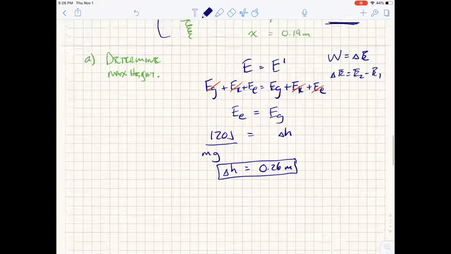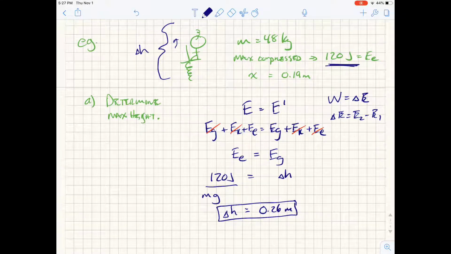We can also set up a situation to calculate the maximum speed that he is going to attain. The point of maximum speed is the point at which the spring is at its equilibrium position, so the spring is not compressed or extended beyond its equilibrium.